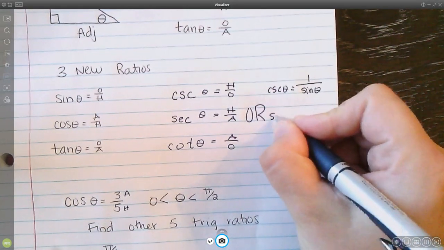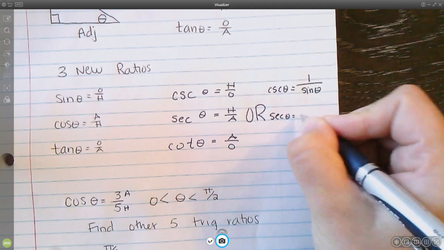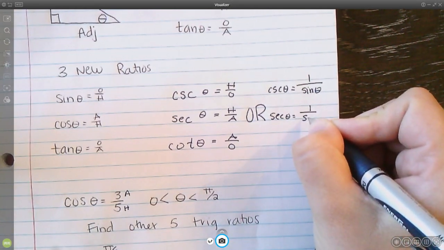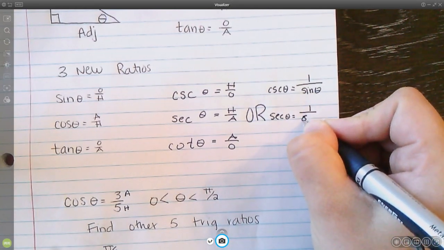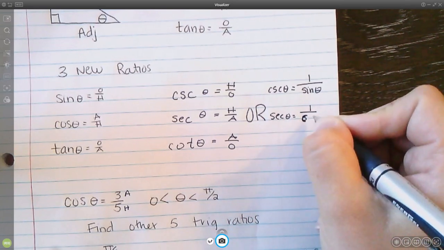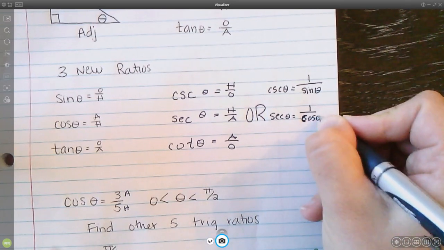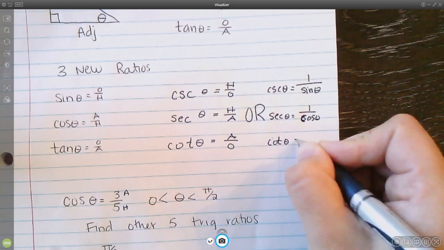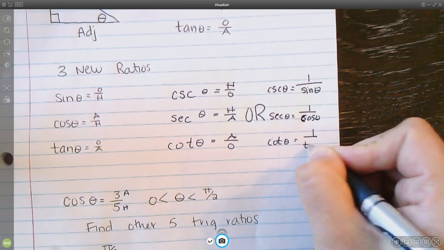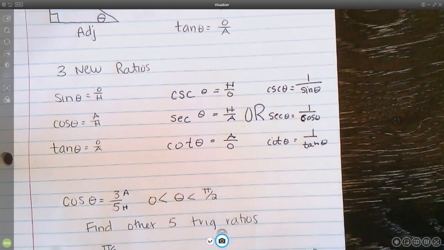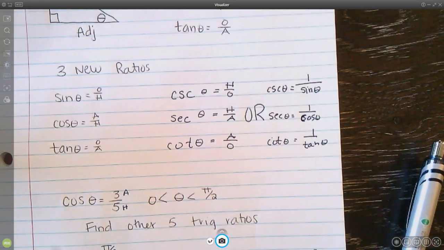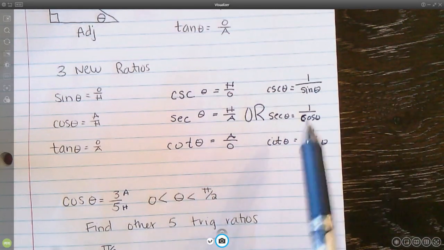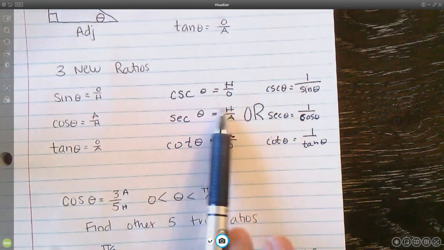Secant theta is 1 over cosine theta, and cotangent theta is the same as 1 over tangent theta. Okay, so make sure you have at least this written down.